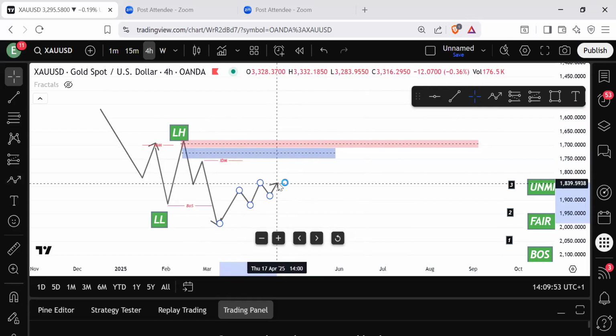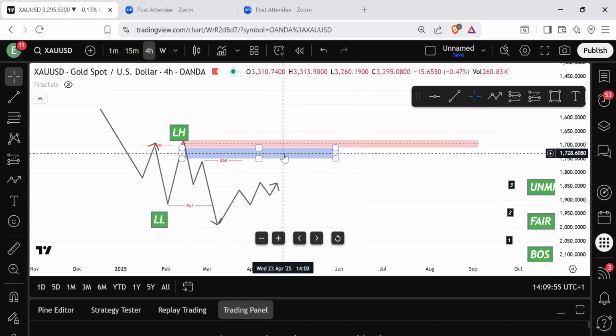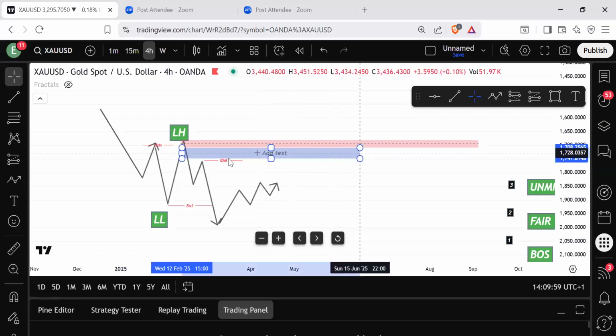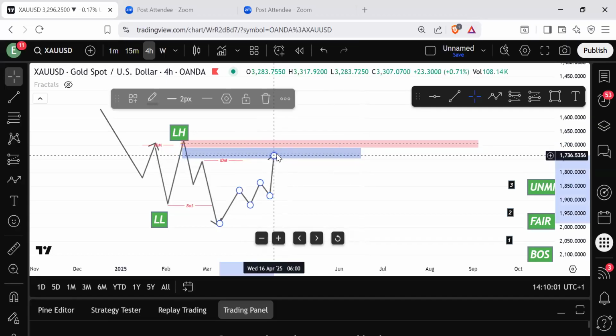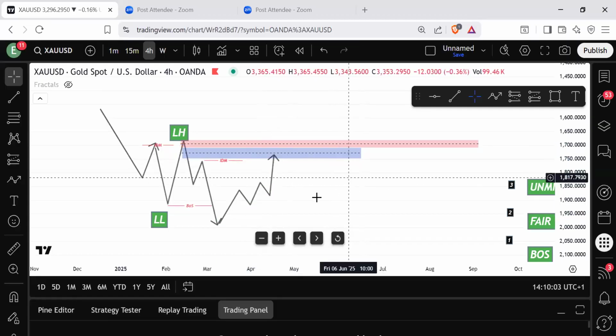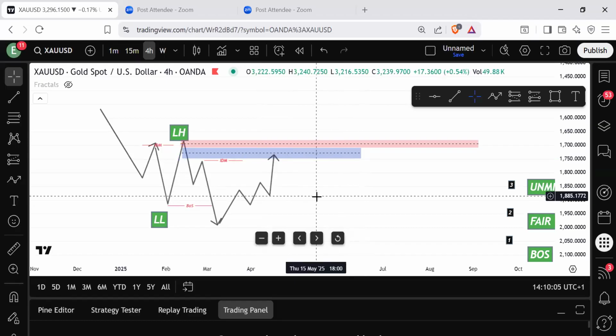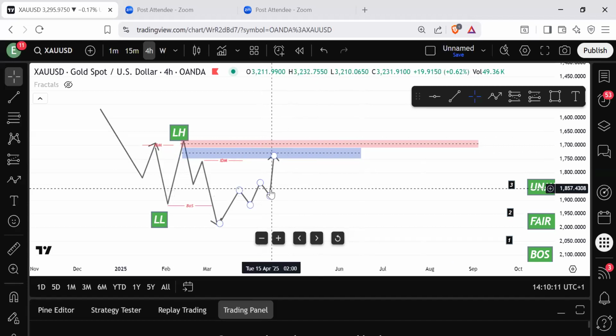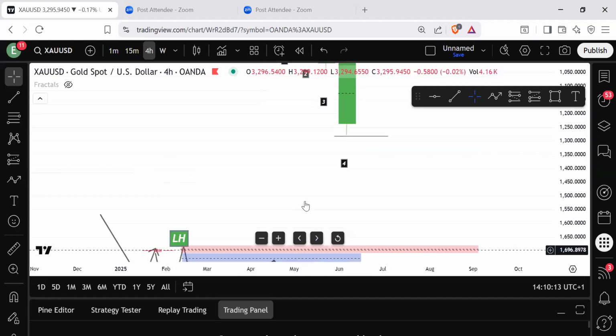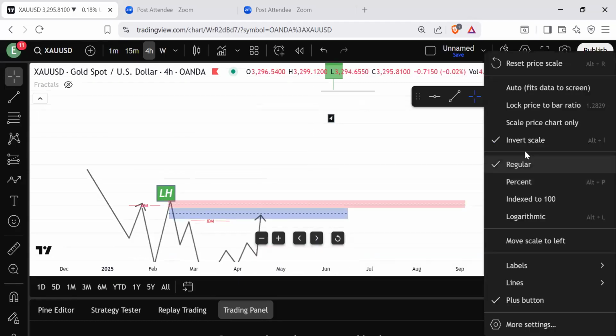Maybe price is like this, it is still valid. But if price touches the zone before we place the trade, it is invalid. So let's look at it in the market and see.